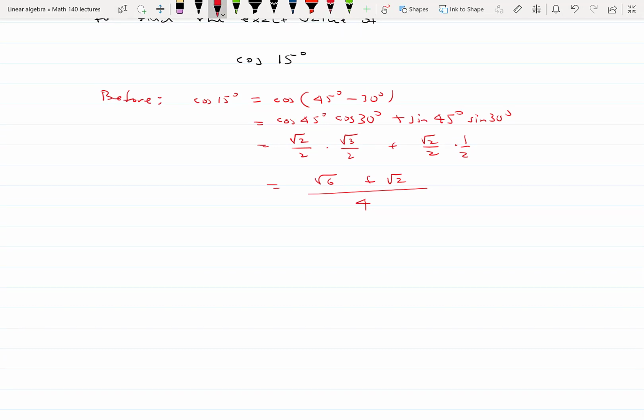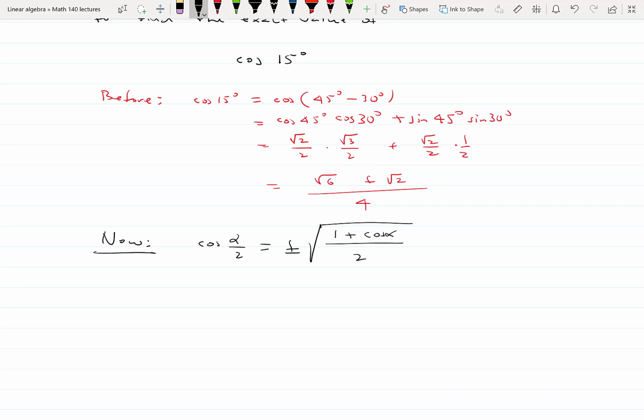Now we're supposed to use an appropriate half-angle formula. The half-angle formula that we're going to use, of course, is the one for cosine. It's going to look like cosine of alpha over 2 equals plus or minus the square root of 1 plus cosine of alpha, all over 2.